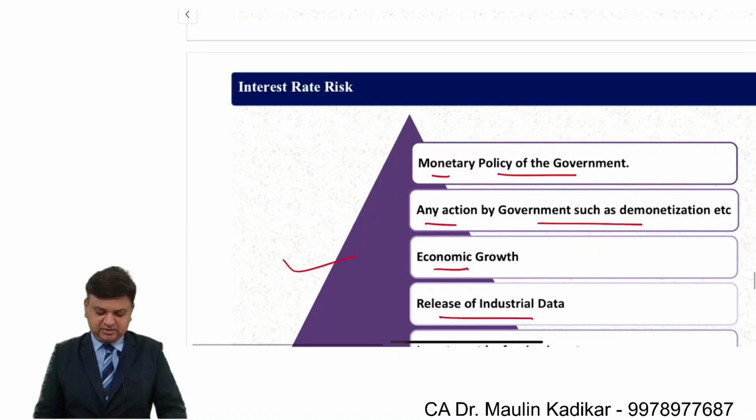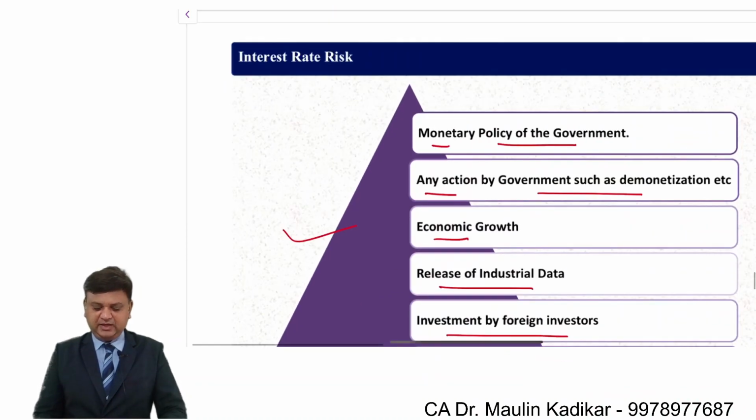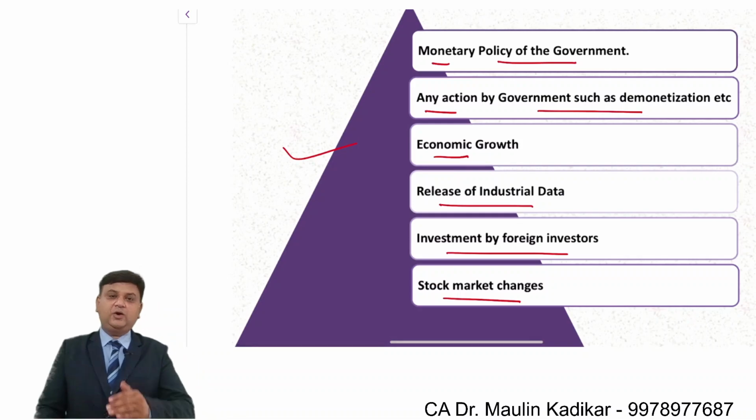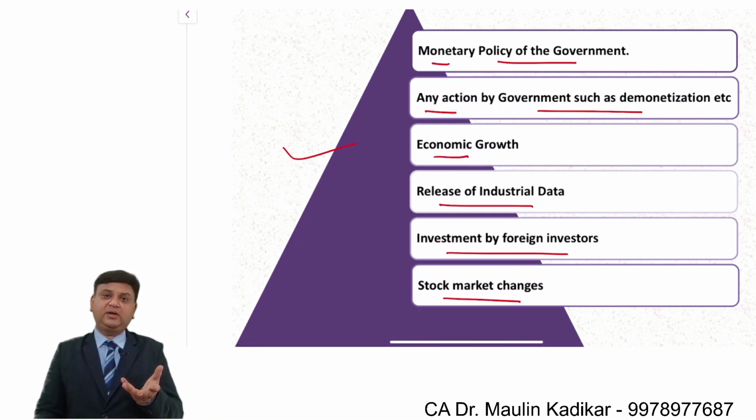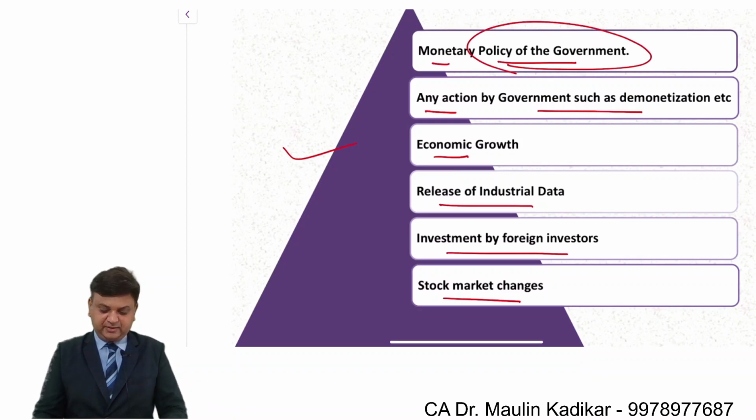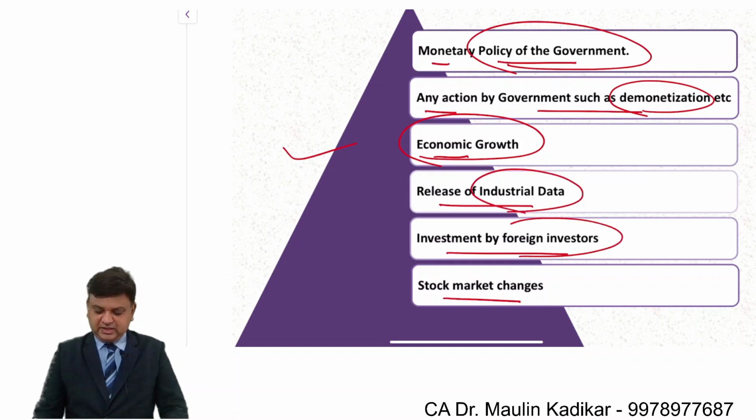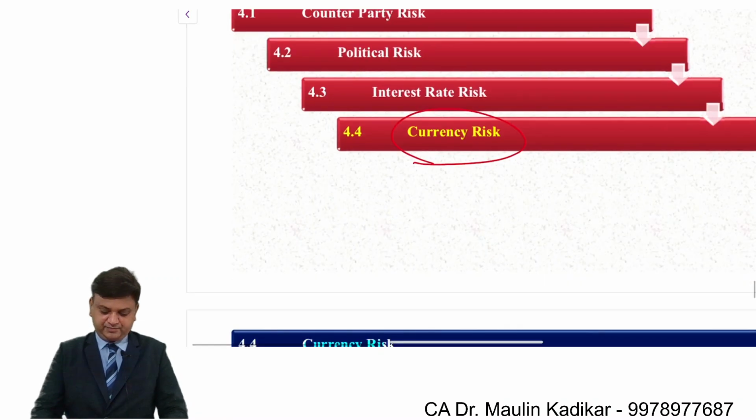Interest rate risk, in that they have only provided the hint of the interest rate risk, that is monetary policy of the government, demonetization, economic growth, industrial data, investment by foreign investors, and stock market changes.